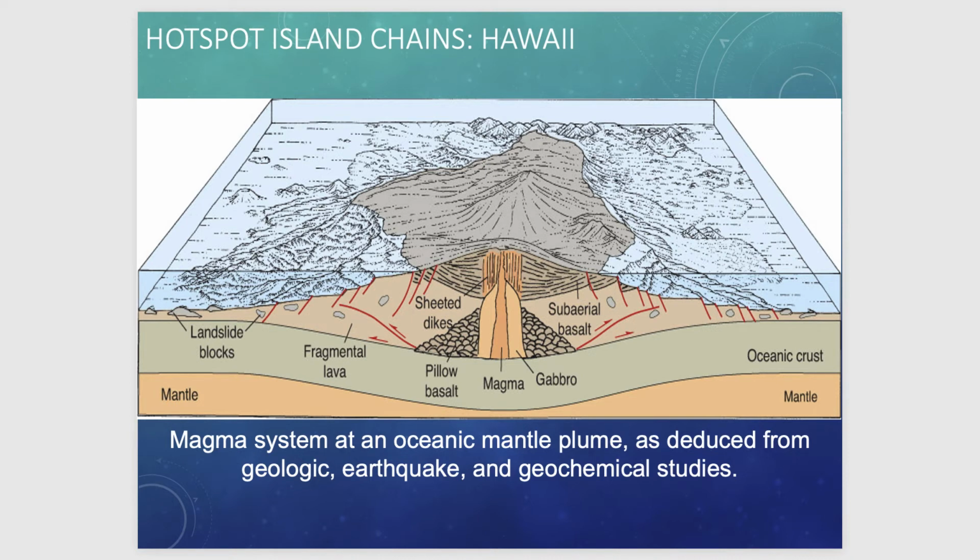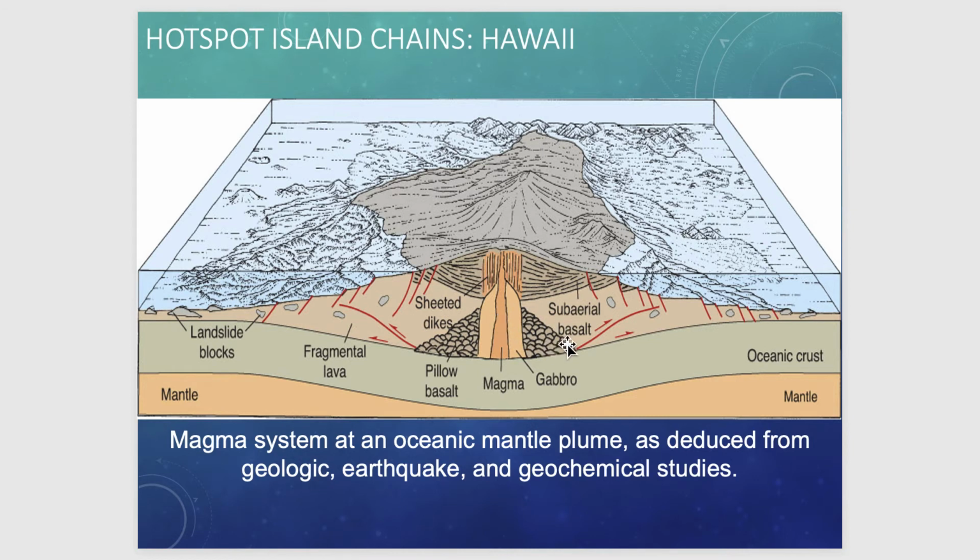So you have your hot spot at the base that leads to magma development. You have your gabbros on the side, so crystallization of the magma at depth leads to gabbroic rocks because of the ultramafic to mafic compositions of the magmas.